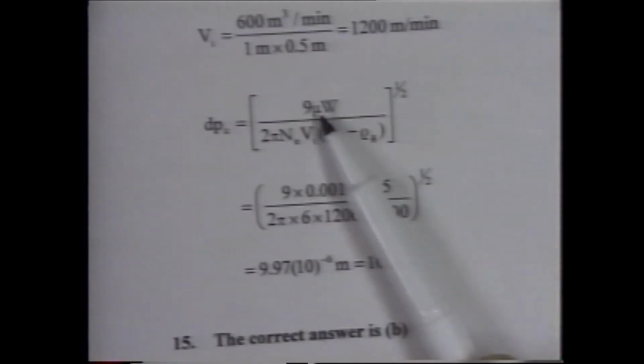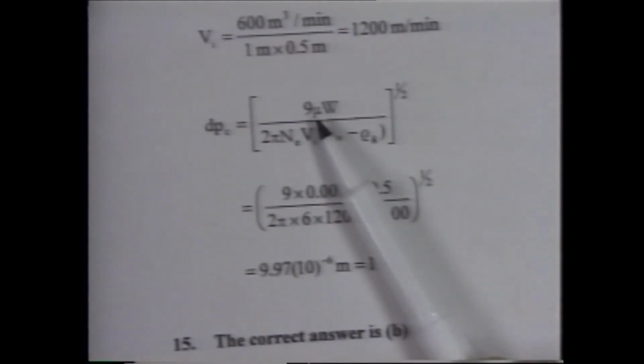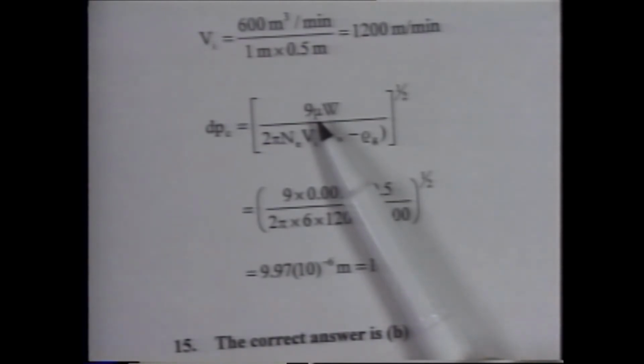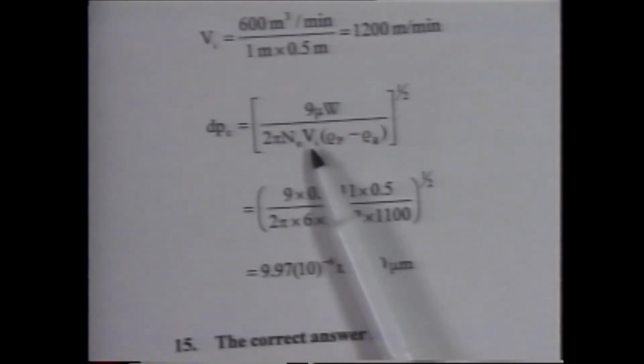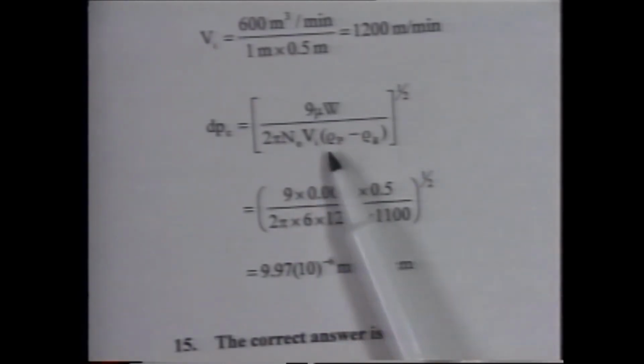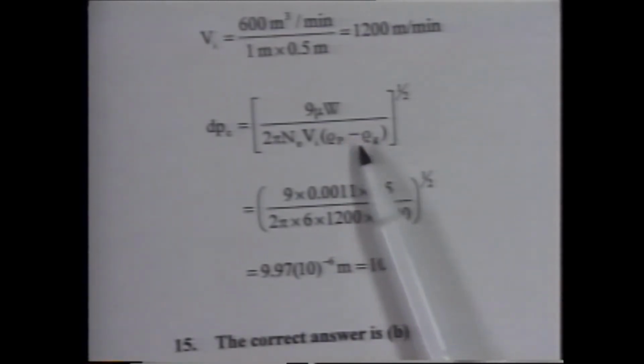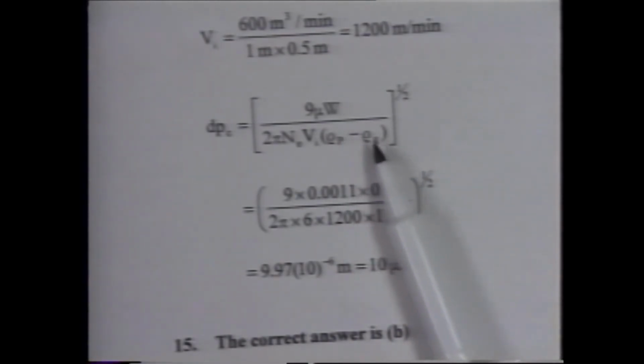But in the units given, viscosity in kilograms per meter per minute, W in meters, VI in meters per minute, and rho P in kilograms per cubic meter, we're ignoring the density of the gas here in solving this problem.